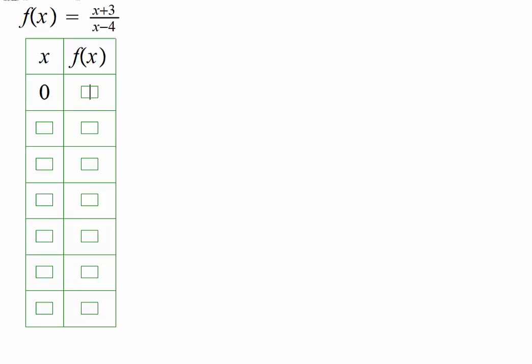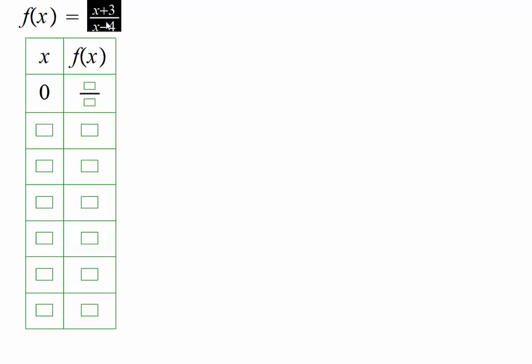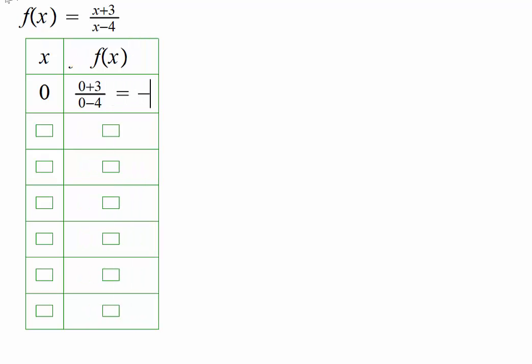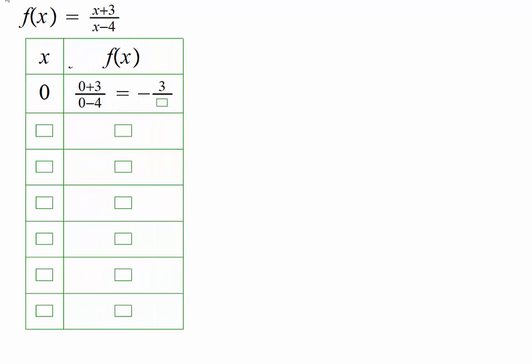If I take my input as 0, you can see that the output is what here? That's 0 plus 3 over 0 minus 4, that is negative 3 over 4.